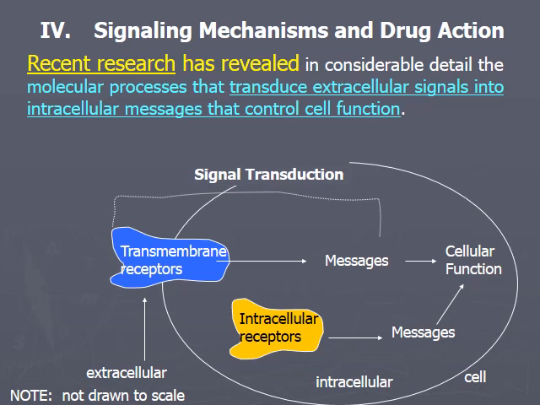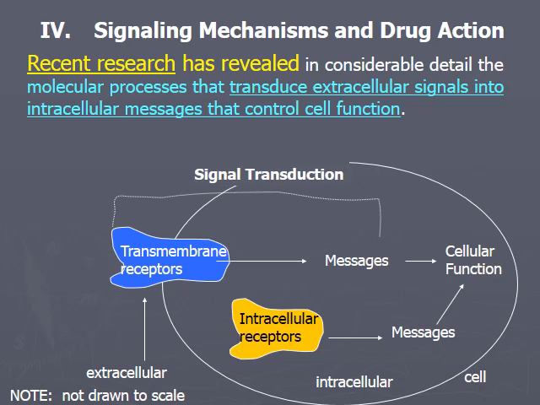So we have transmembrane receptors. And transmembrane receptors have something unique about them that's worth pondering. They have a portion of their structure that goes through the membrane. We call that the transmembrane spanning domain. And some of these receptors have multiple ones.